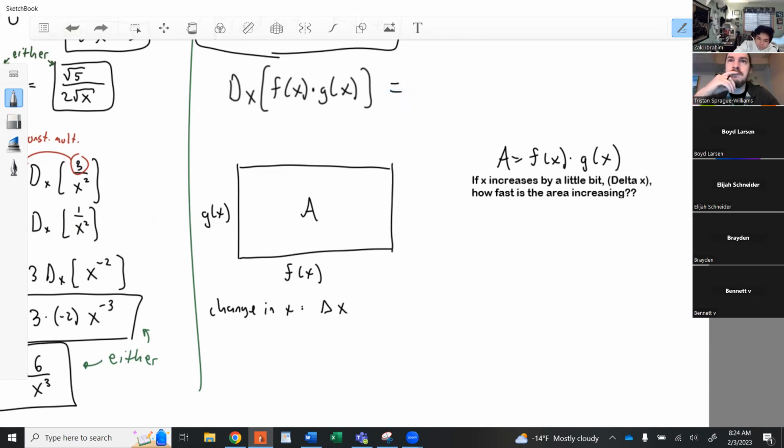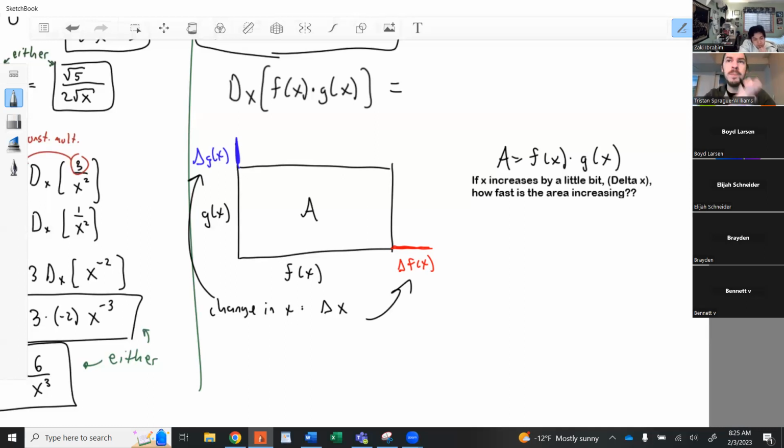Functions are outputs that depend on an input, so changing x by a little bit is going to cause a change in f of x, which I'll call delta f of x, and a change in g of x, which I'll call delta g of x. So this change in x is causing the two changes in f of x and g of x, respectively.